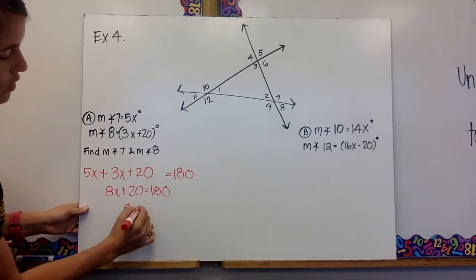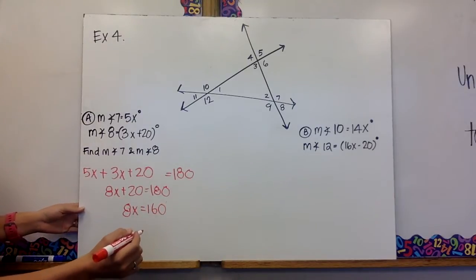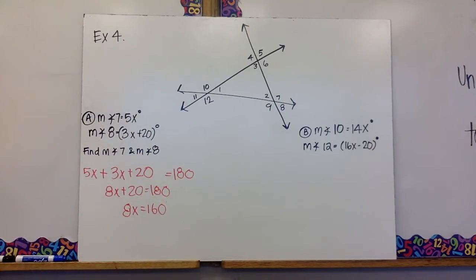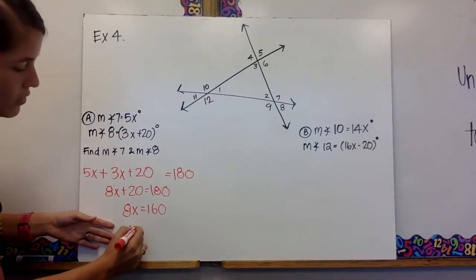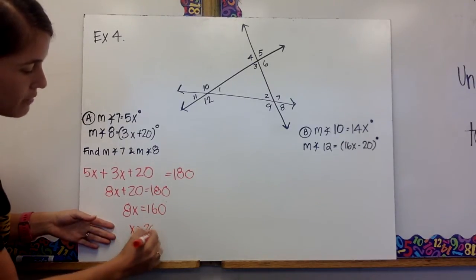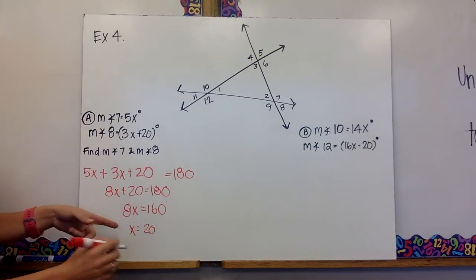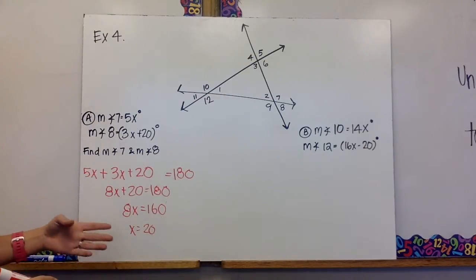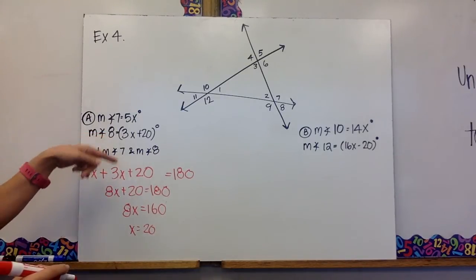I subtract 20. Did we just do this one, I feel like? Are they the same numbers? Close. So x equals 20. But that doesn't solve my problem. That just gives me x. So I have to substitute it back in.